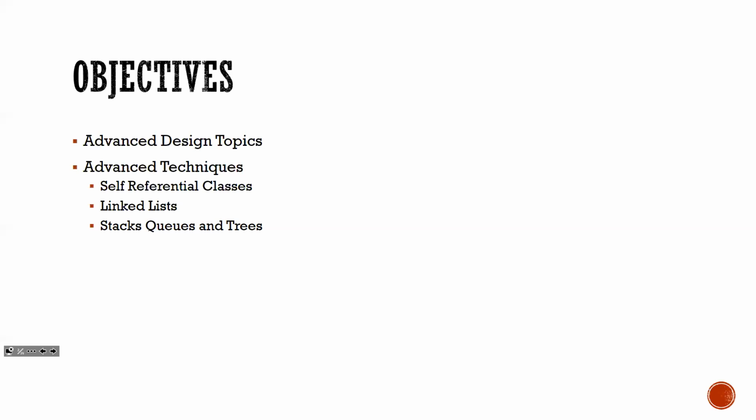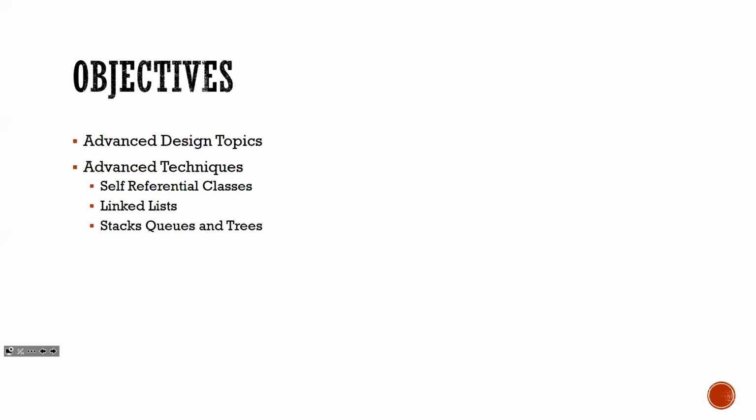So for us looking at data structures, we're going to be talking about how these data structures are really kind of advanced design topics. When you were in your 120 class, you started with flowcharts and you learned how to design really important data structures like decisions, right? And really important data structures like loops based on decisions.